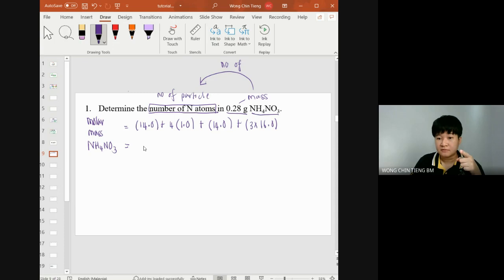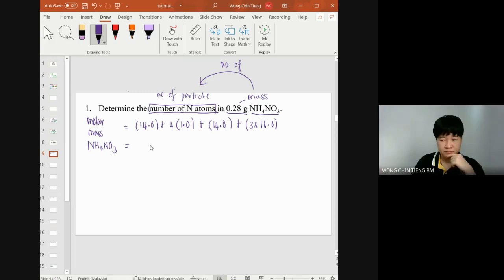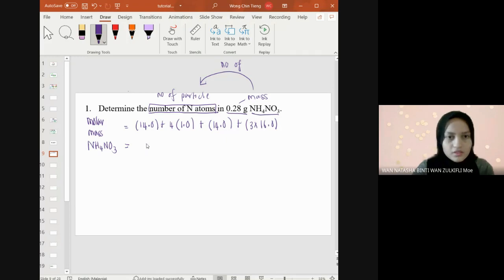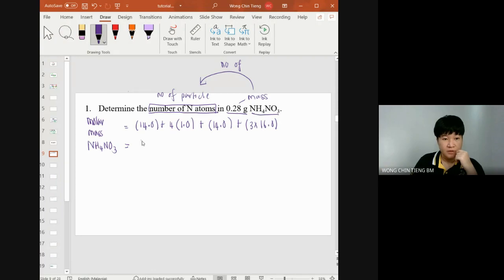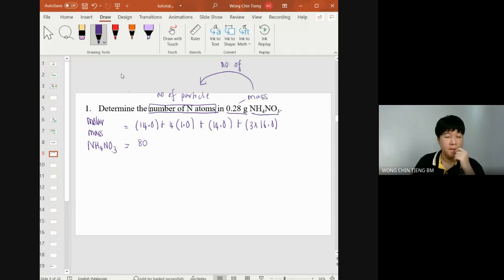Jelas? Natasha? Ya. Jawapan? Untuk apa? Molar mass. 80. 80 je? Gram per mol. 80 gram per mol. Jawapan lain? Anybody?